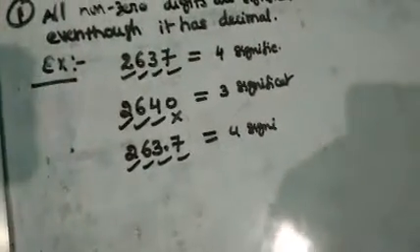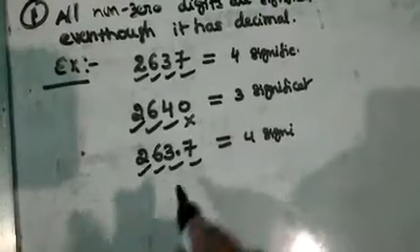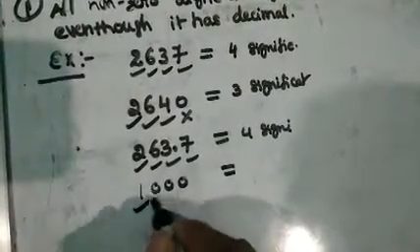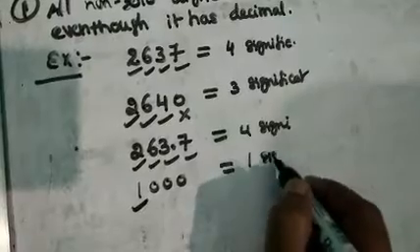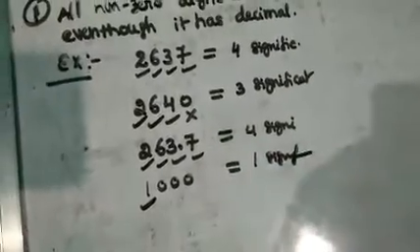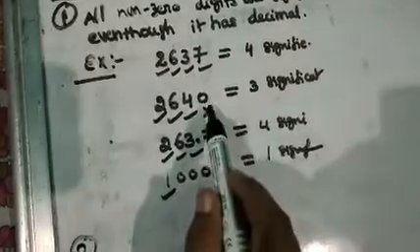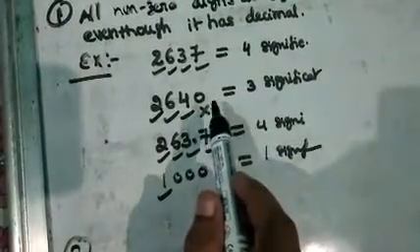Okay. But here, look, suppose 1000 is there. How many significant figures are there? Only one significant figure. Try to understand. Here the 0 is at the end, that is why I am not counting.